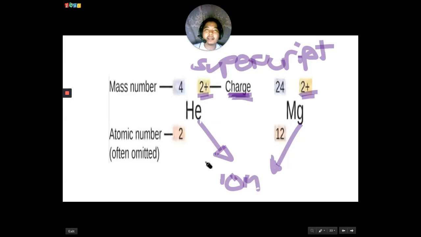Or let me reiterate that because it seems confusing. The number of protons is not equal to the number of electrons. That's why we call them ion. No? And the discrepancy is positive 2. So meaning, my protons are 2 greater than the number of electrons.